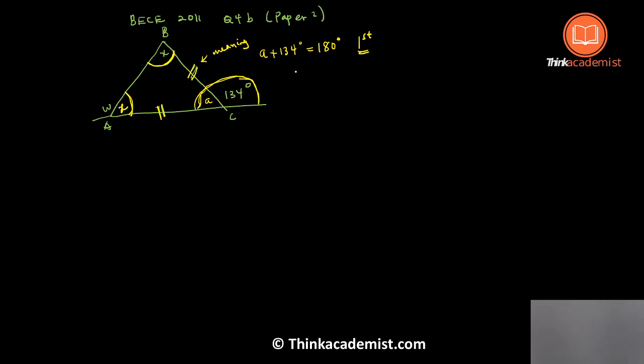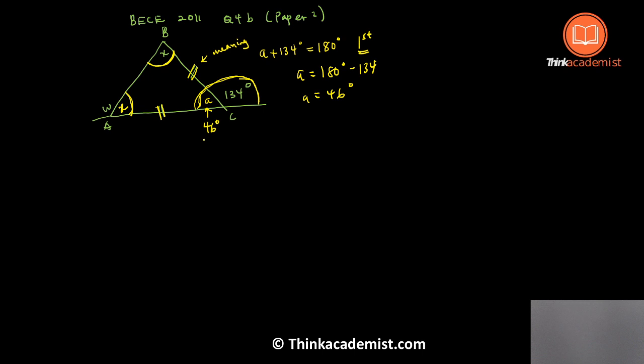A will be equal to 180 minus 134, and that should give us 46 degrees. So this place A is 46 degrees.